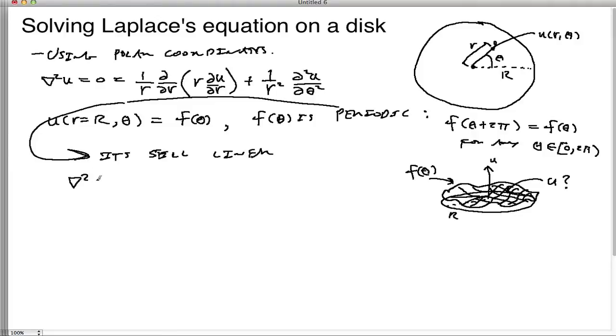That is, if I have two functions, the Laplacian of the sum of the two functions is just the sum of the Laplacians of the two functions individually. And if you go through this, you can verify that. All right, so let's solve this.